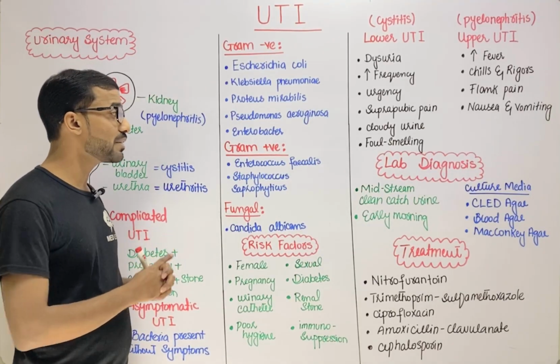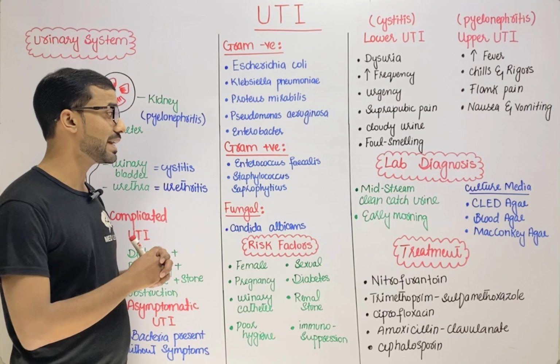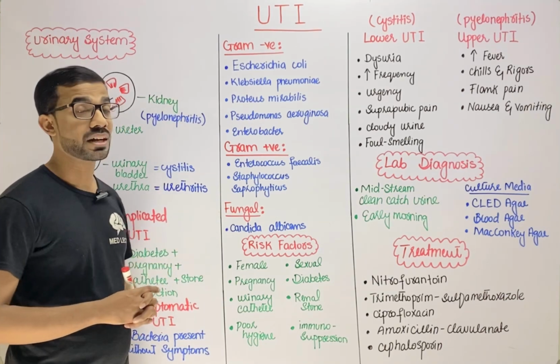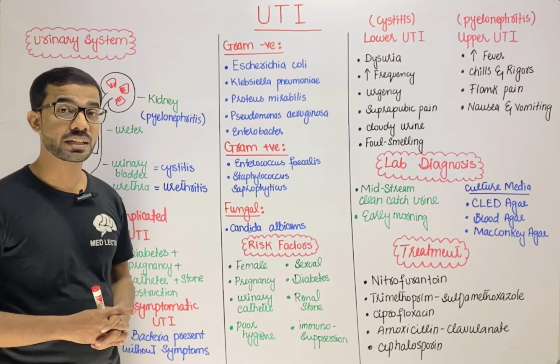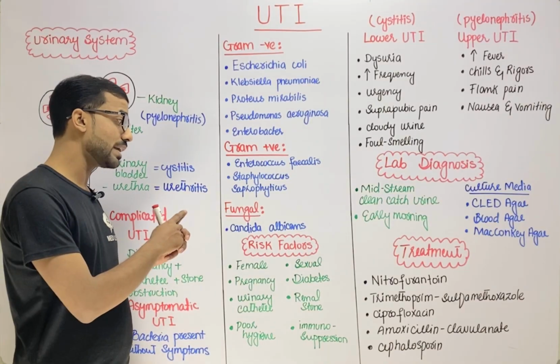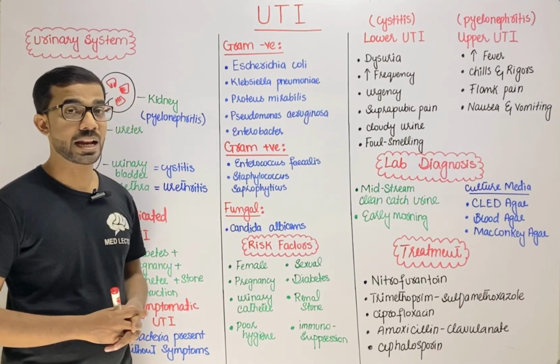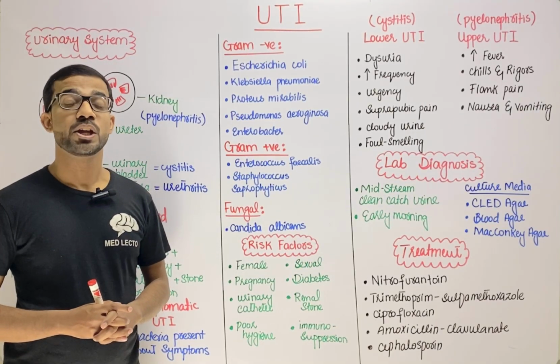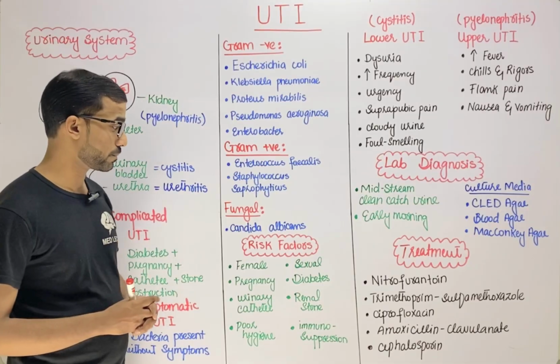In the gram-positive, you will see Enterococcus faecalis and Staphylococcus saprophyticus. And in case of fungus, you will see Candida albicans. So these are the different microorganisms that cause urinary tract infections.